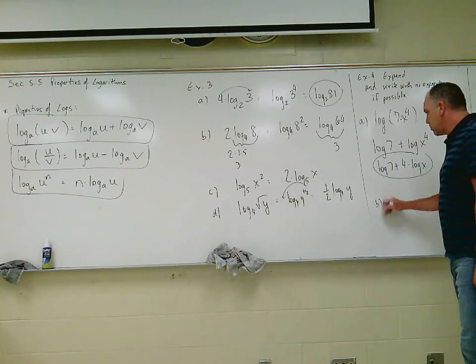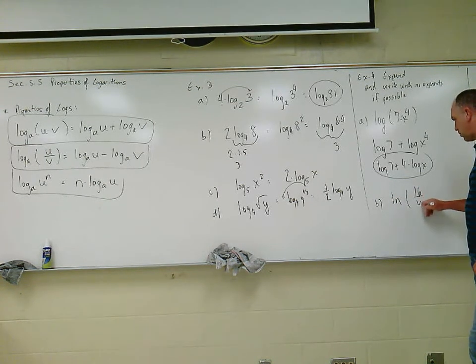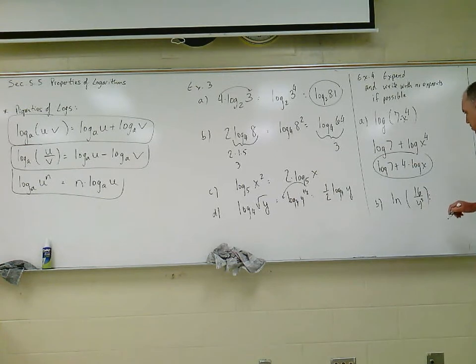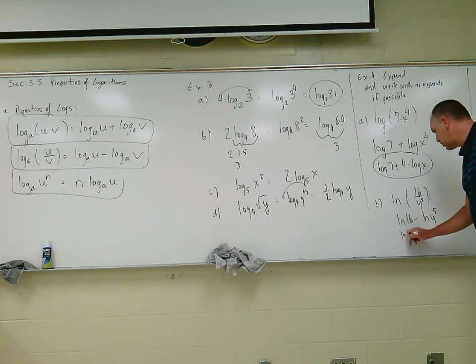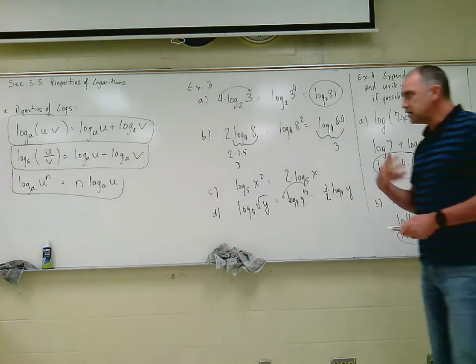Maybe I have a division, say ln of 16 over y to the fifth. That can be written ln of 16 minus ln of y to the fifth. I've expanded, but I also have an exponent that can move in front: ln of 16 minus 5 times ln of y. That's completely expanded.